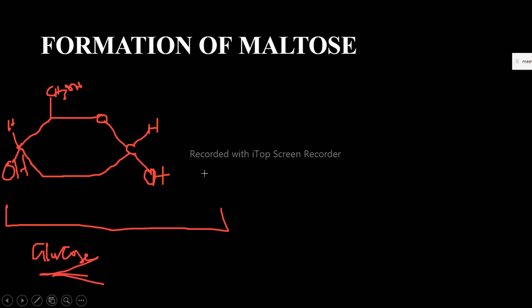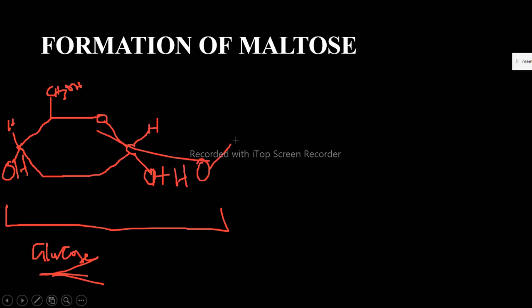Now the glucose molecule is going to condense with another glucose molecule. So let's put another glucose molecule. Maybe let me put the H here, and then O. I'm trying to draw just this.